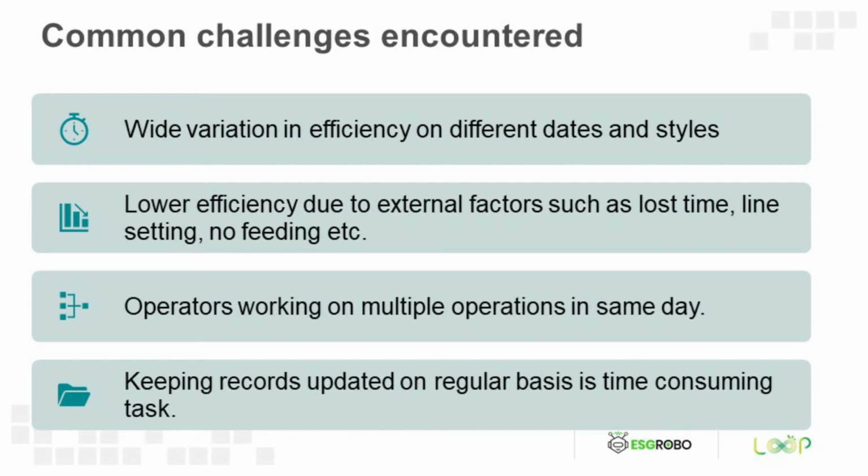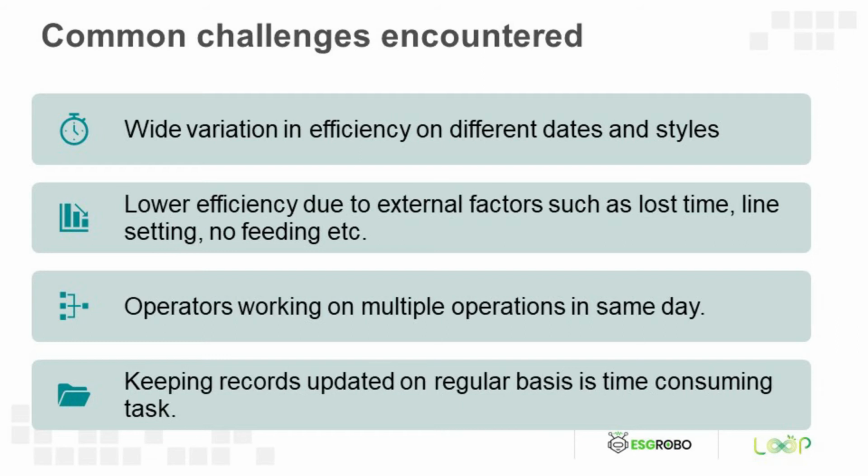One of the most common challenges reported is that there is generally a wide variation in efficiency on different dates and styles for operators, and that makes it difficult to identify one number that should be entered or maintained, because in the end most matrices will have a single number against a particular operator and a corresponding operation for which that efficiency or any kind of competency or proficiency figure is being entered.